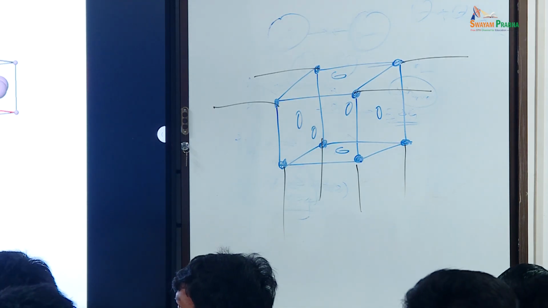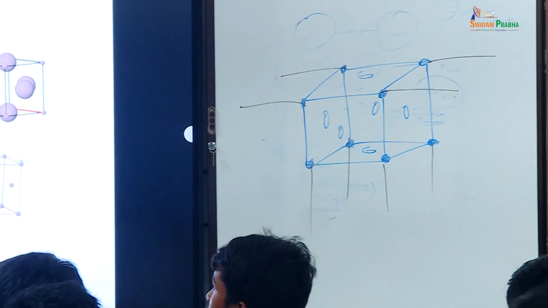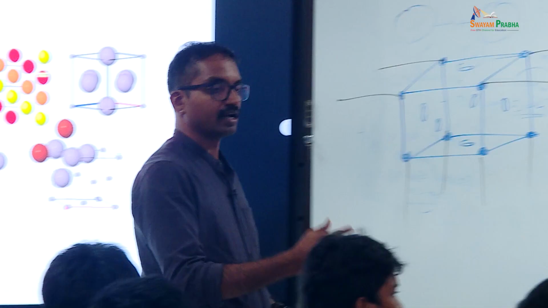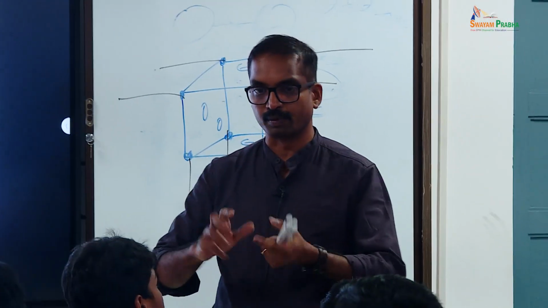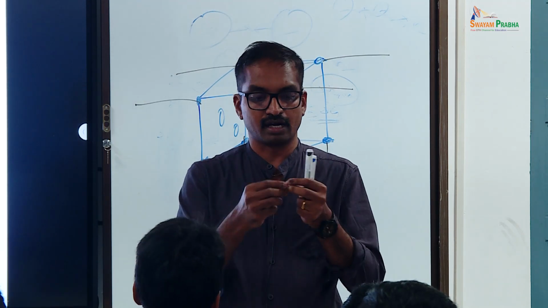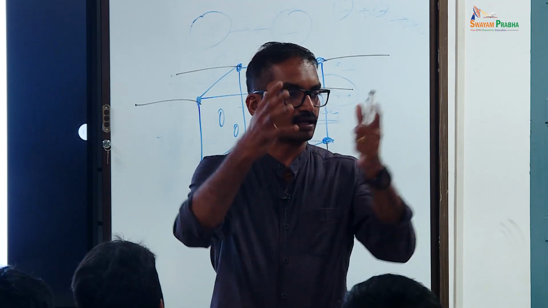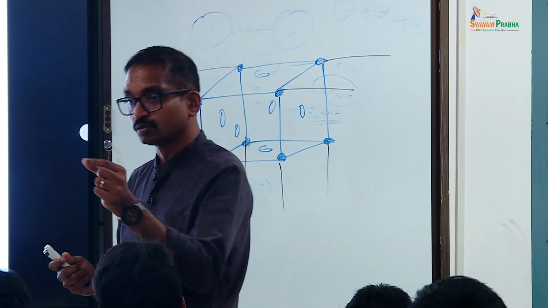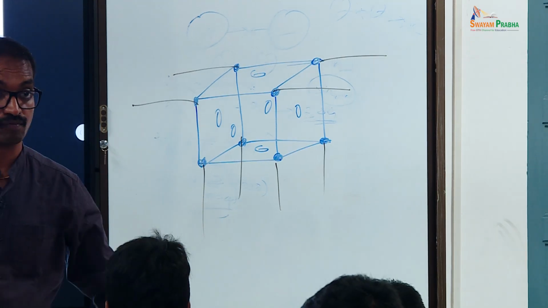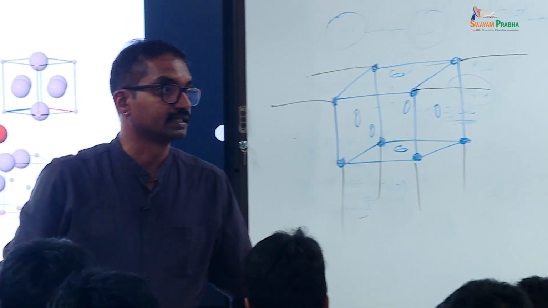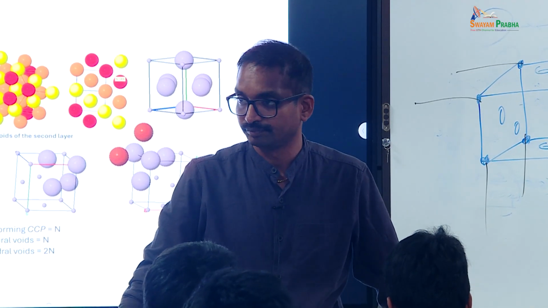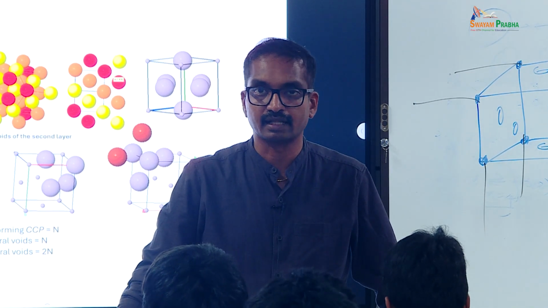So now what about the atoms in the corners? How many corner atoms are there? What is their contribution, all the 8 together, for 1 unit cell? 1/8. Why? Because in 2D you see the corner is a common point for 4 unit cells, right? If you take this corner, 1, 2, 3, 4.